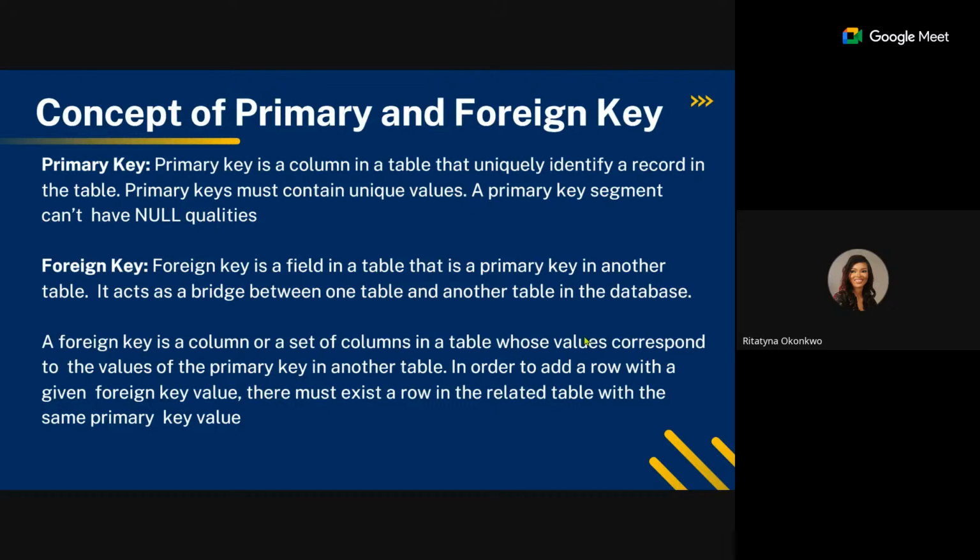So a primary key is that column in a table that uniquely identifies a record. Now, when your primary key is found in another table, it is called your foreign key, and it acts as a bridge between one table and another table.